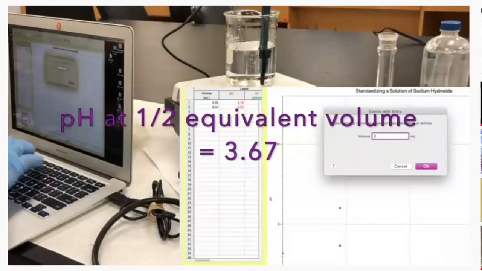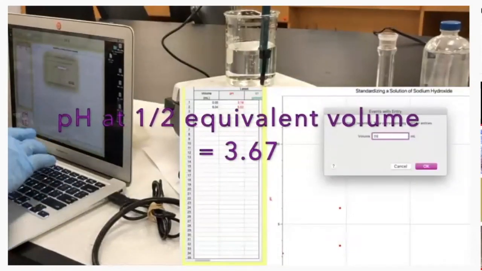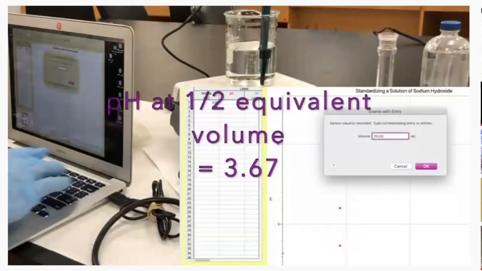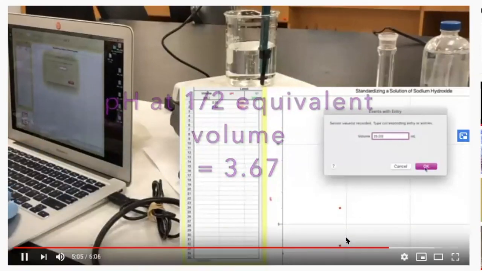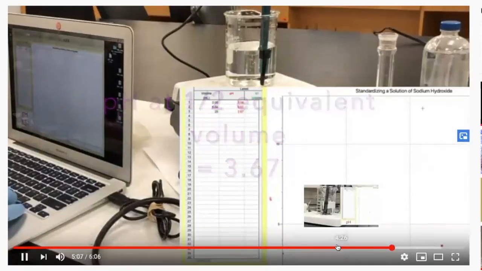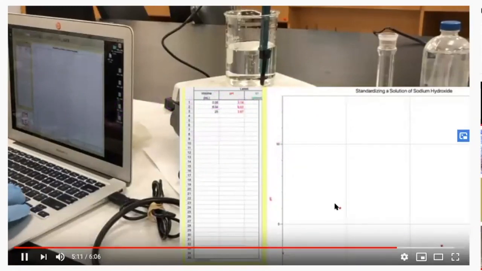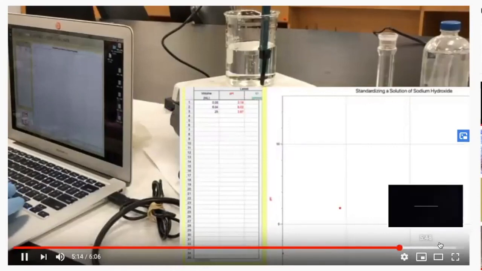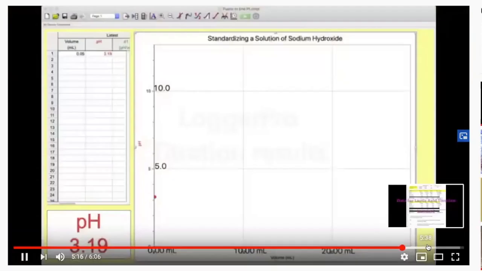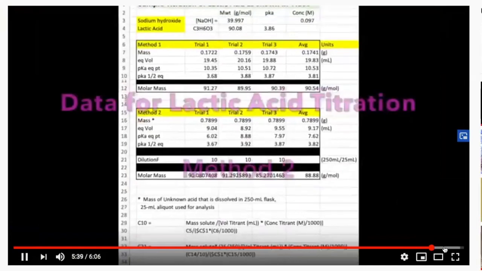You see that it jumped all the way here because I changed it to a volume. So this was the beginning, this was the equivalent, this is halfway to the equivalent. Anyway, that's the rest of the movie, and then these are the data set.